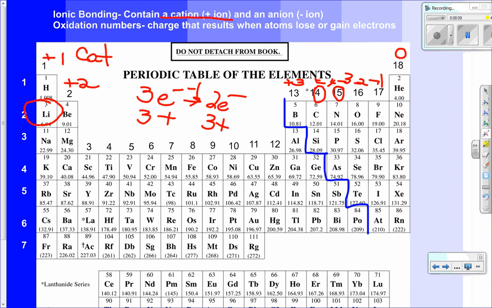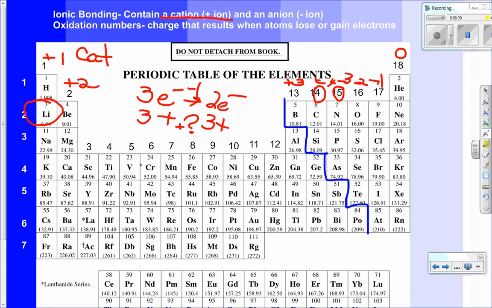Now, I skipped some stuff over here. And there's a reason for that: this actually has a valence of question mark, positive question mark. Well, what's the deal? Why positive question mark? Well, these can have multiple oxidation states. In other words, iron can actually lose 2 electrons, or it can lose 3 electrons. It depends on who it's bonding with. And so same thing for nickel and for copper.